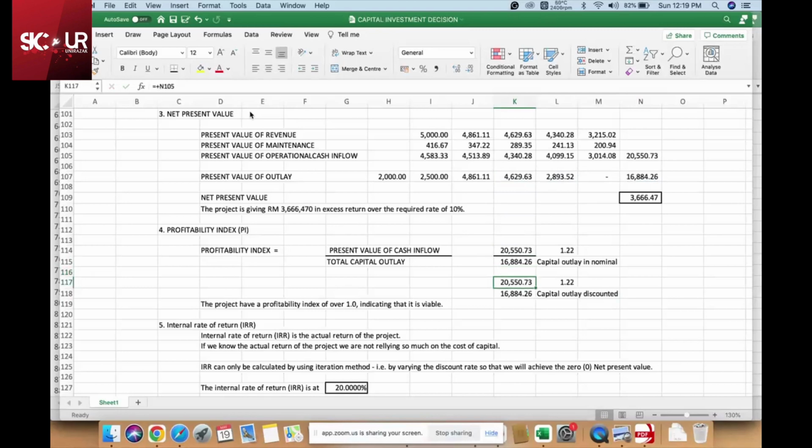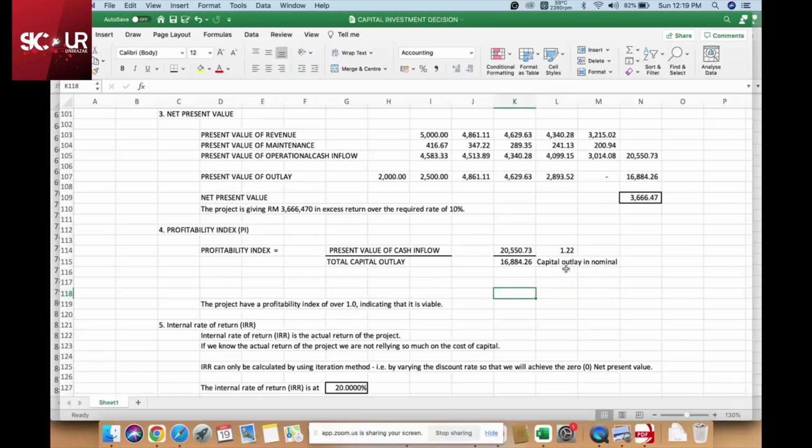So the profitability index is 1.22. When the profitability index is higher than 1, it means that the project is viable.